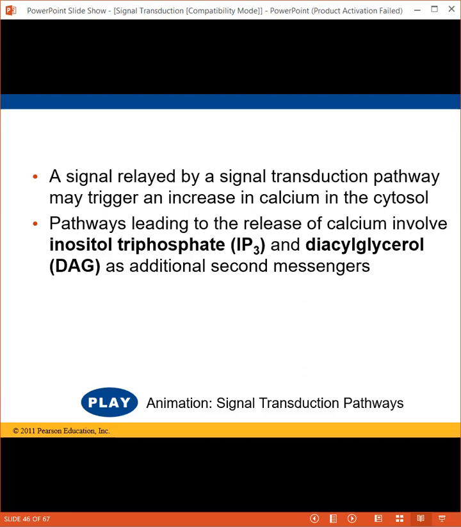Another signal relayed by a signal transduction pathway may trigger an increase in the calcium in the cytosol, and the pathways leading to the release of the calcium involve another molecule, inositol triphosphate. It is another example of a second messenger, along with diacylglycerol, in short DAG. So these are also regulating other pathways.